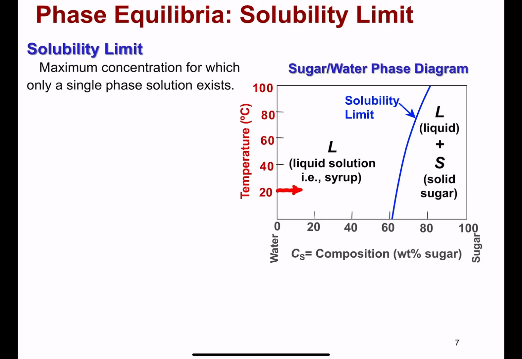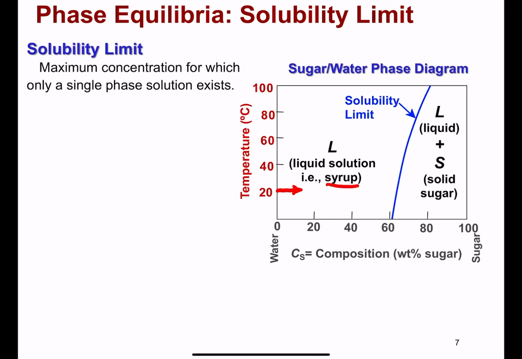And so we can use this phase diagram to teach us where we might access the syrup state for sugar and water. So we'll define the syrup as the liquid solution where we have sugar fully dissolved into water to make a homogeneous solution where disordered water molecules host randomly sugar molecules throughout.